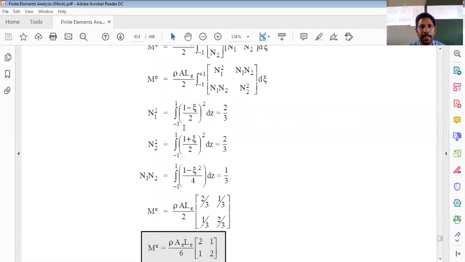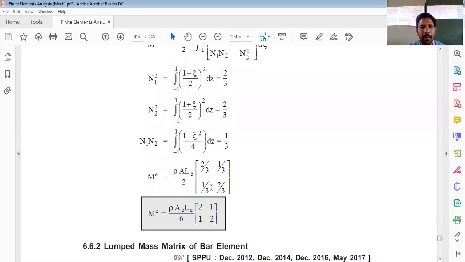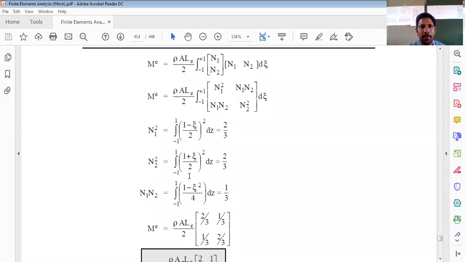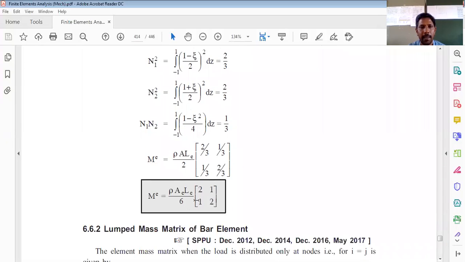If you integrate (1 minus zeta by 2) whole square into d zeta with this limit, we get 2 by 3. Similarly, N2 square also gives 2 by 3, and N1 N2 gives 1 by 3. Therefore, when you substitute these values in the matrix, you get rho A Le by 6 times the matrix [2, 1; 1, 2].